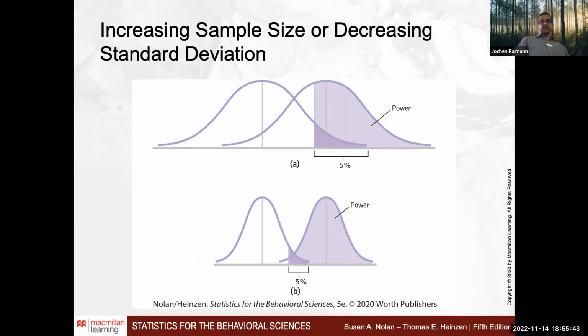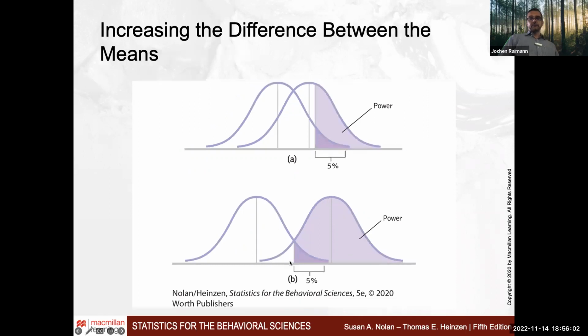By increasing the sample size or decreasing the standard deviation, again, you increase the area that is non-overlapping and exceeding the critical value on the right tail, thereby giving you more power. Or you can increase the difference between the means.